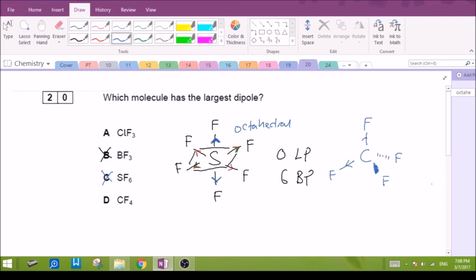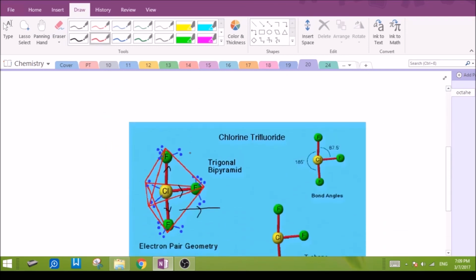So although the bonds are polar, there will be no overall dipole moment because they will be cancelling each other out also. So CF4 also does not have any dipole moment. So eventually we end up with ClF3, the only molecule among the 4 of them with a dipole moment. Right, which is this molecule at the bottom here.